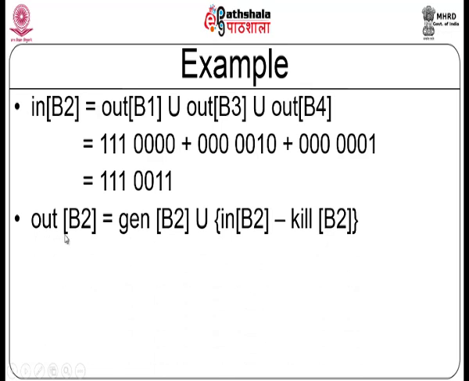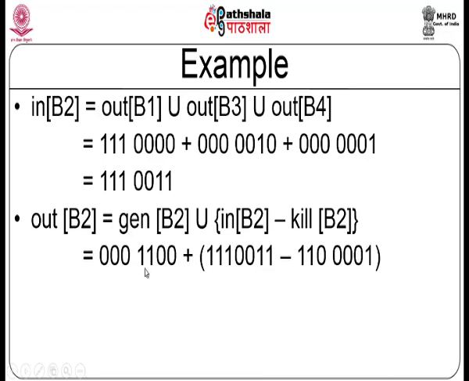Now, out of B2 will be gen of B2. This is one situation I am talking about, only one situation inside block B2 inside the loop. Okay. So, here initially out of B1 is gen of B1 etc. Now, out of B2 will be gen of B2 union in of B2 minus kill of B2. Now, this is what is in of B2.